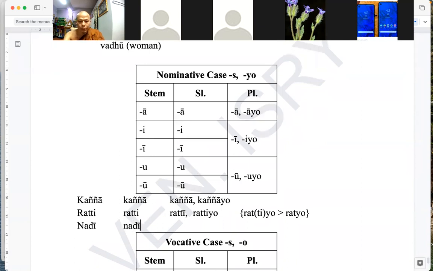So nadi, and then the first form also nadi, already long. But the other form is maybe nadi and the yo. But before the yo, like the single, the short vowel form, so this long becomes short. So nadi yo.